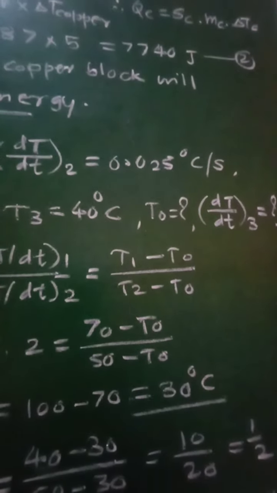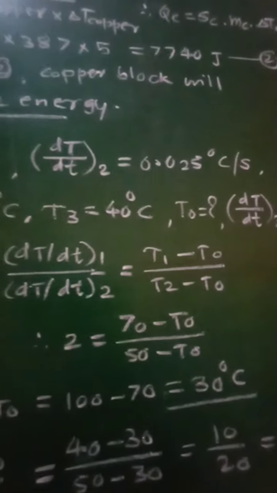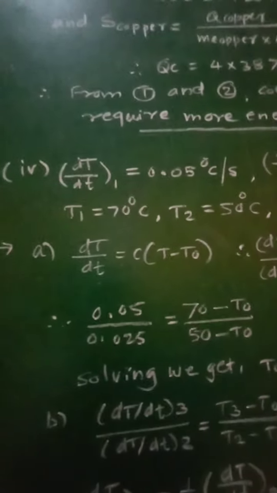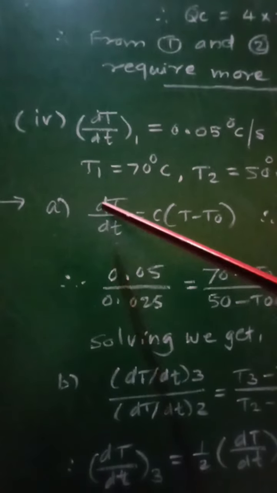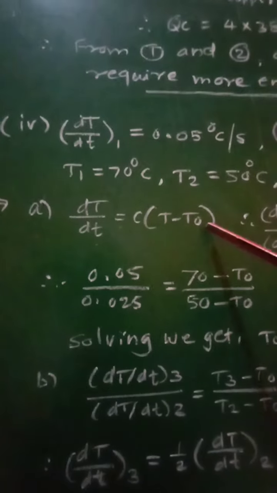So T0 equal to question mark, dT by dt 3 equal to question mark. First of all we will find the initial temperature, and for that, dT by dt equal to C into (T minus T0).